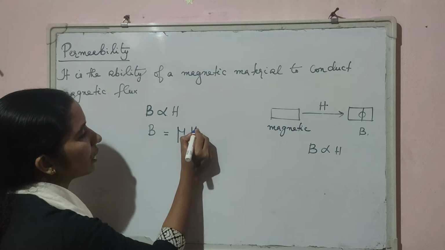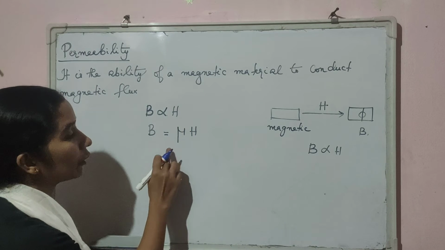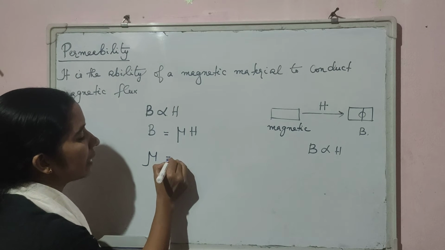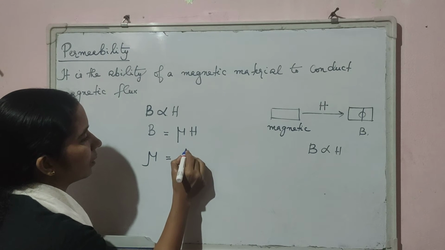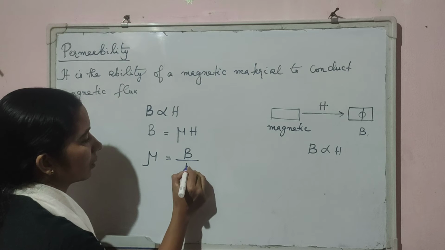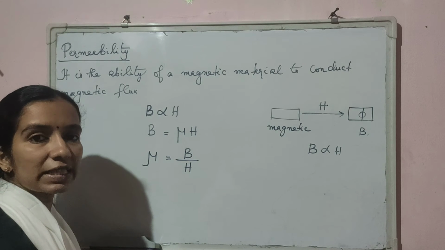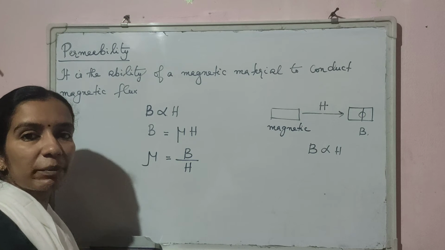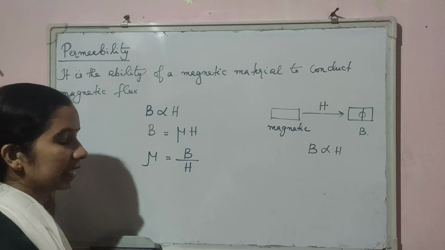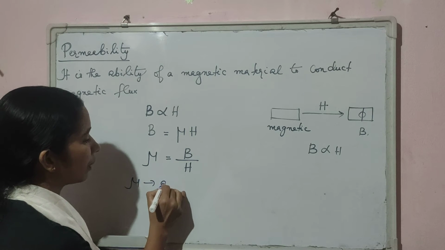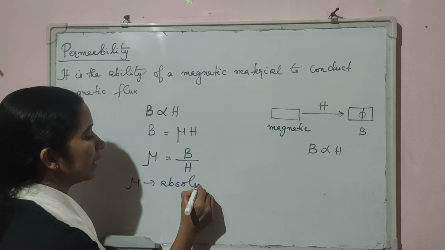So the equation will become B is equal to mu into H, or we can write mu is equal to B by H. This term mu is known as the absolute permeability of the magnetic material.